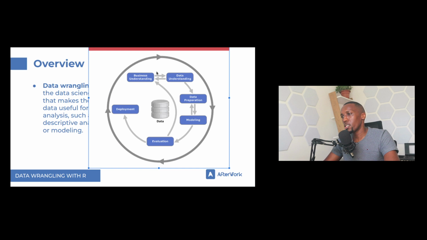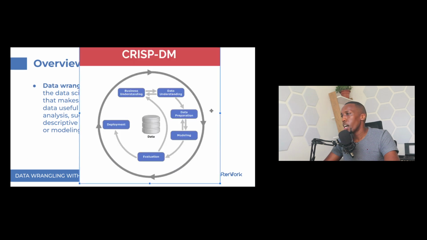CRISP-DM is a project methodology that data scientists or data analysts normally use when it comes to working on data science related projects or data analysis related projects. It normally starts with business understanding, then data understanding, data preparation, modeling, evaluation, back to business understanding, or on to deployment.